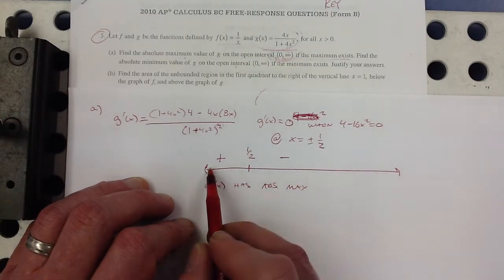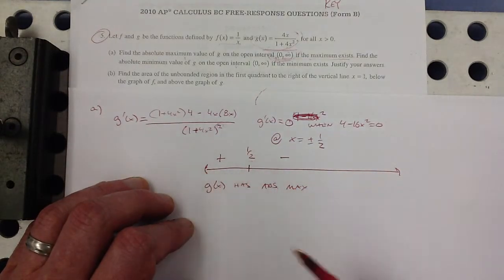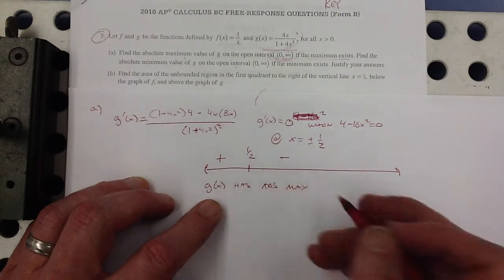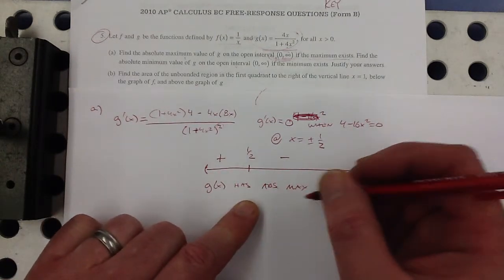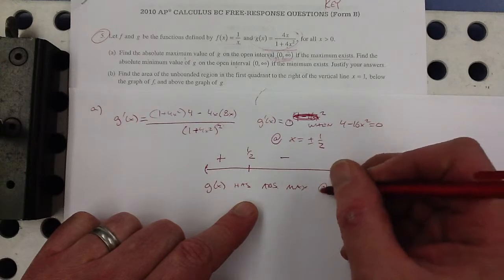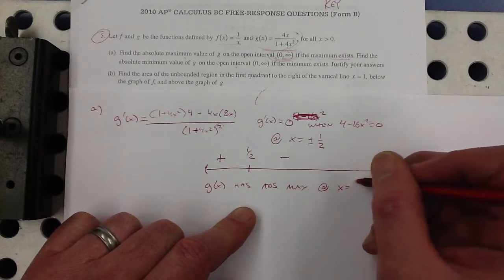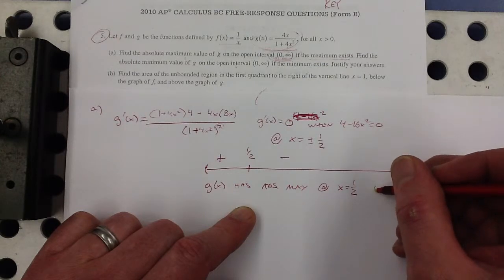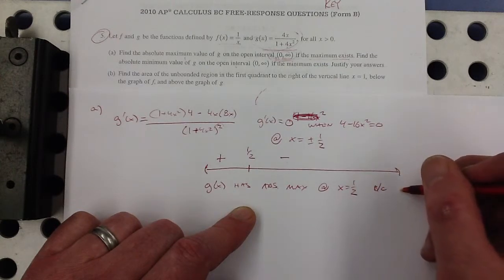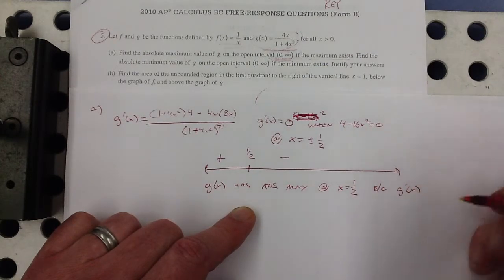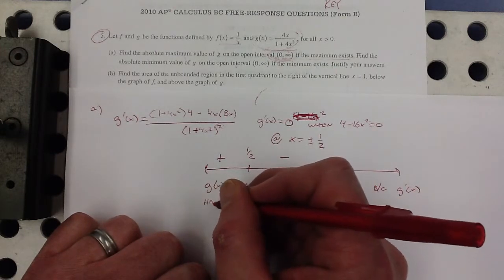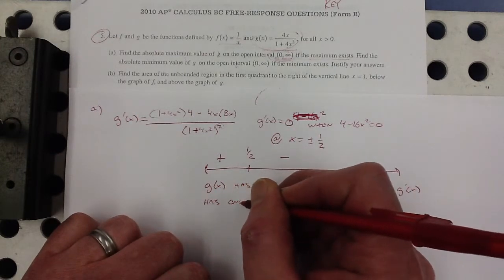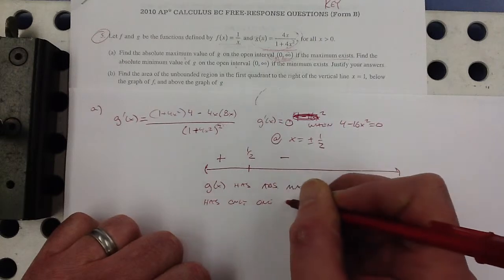It's absolute because this is increasing and decreasing. It's the only maximum. That's the only sign change of the derivative. It has an absolute max at x equals 1/2 because g prime of x has only one sign change.